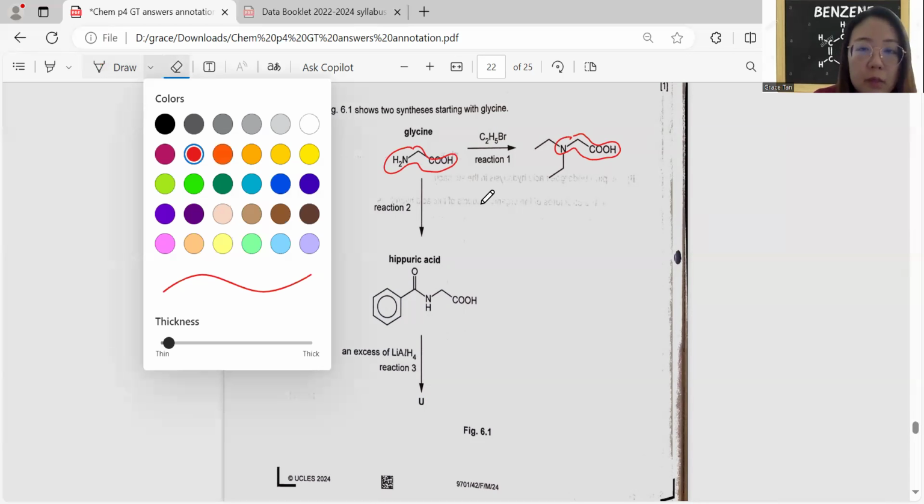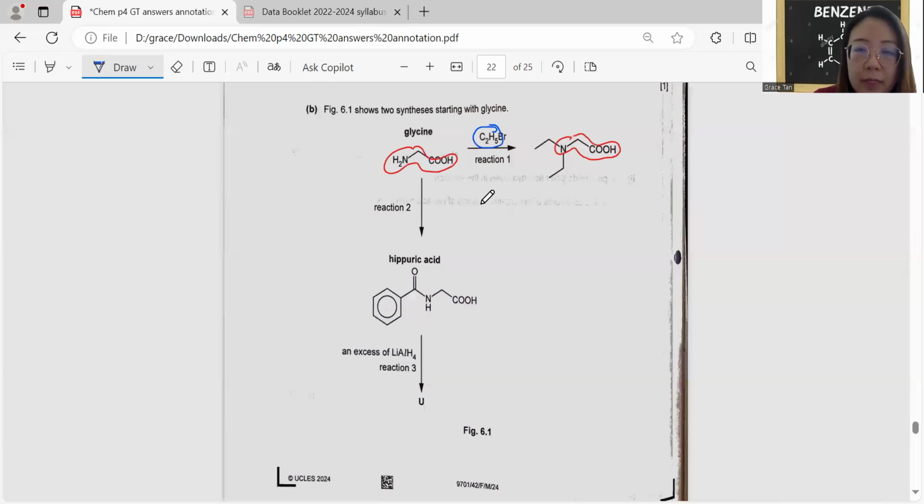You added 2 ethyl, 1 ethyl here, another ethyl here. So that means your bromoethane must be in excess. Or in other words, your glycine is limited. Limiting factor.